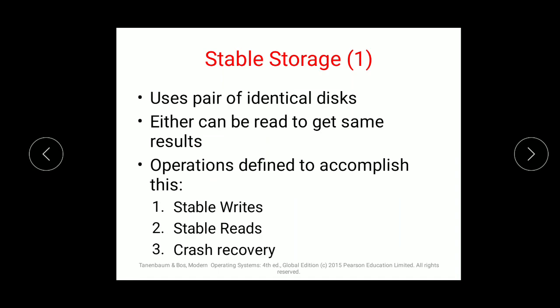The corresponding blocks on both disks work together to form one error-free block. If errors do not occur, the corresponding blocks on both drives are identical, and by reading both blocks we will get the same result. This is possible through three operations: stable write, stable read, and crash recovery.